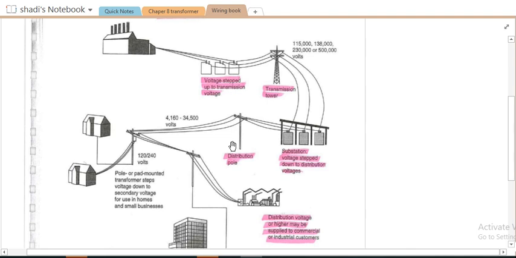It depends on how the system is designed. Now the distribution voltage, the maximum voltage is like 34 kilovolt, 34.5 kilovolt. It's a medium voltage, and it can go down to 4.1 kilovolt. Okay, so this is the distribution.